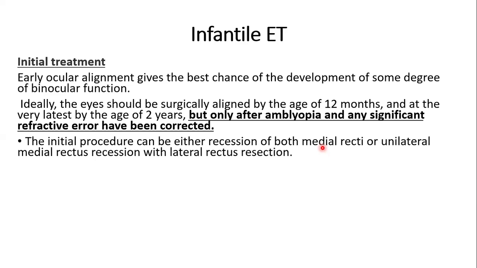Dr. Amar, this early onset esotropia, is it always bilateral or can it be unilateral also? As we mentioned, if the child is having alternate fixation, so no amblyopia, you can proceed with the surgery. If the child is having constant esotropia in one eye, then you need to do amblyopia therapy. You patch the good eye, so the patient will start having alternate fixation, then you can do the surgery.